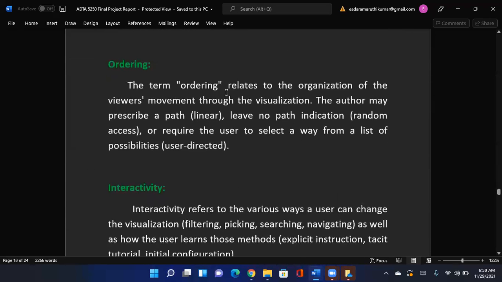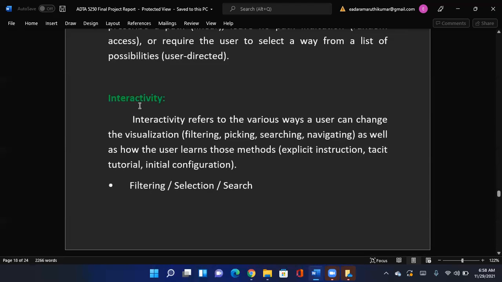After that, ordering. The term ordering relates to the organization and the viewer's movement through the visualization. The author may pursue a path, with path indication. This is what is called ordering. After that, interactivity.